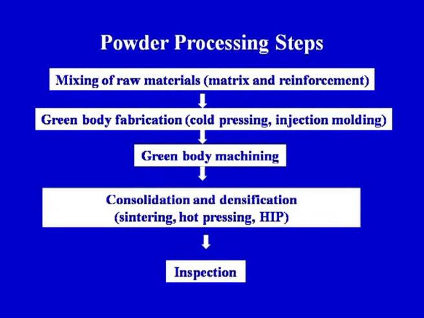So now let us see the process details of the powder processing, that is, what are the important steps involved in powder processing. On your screen you can see these are the basic and fundamental aspects.